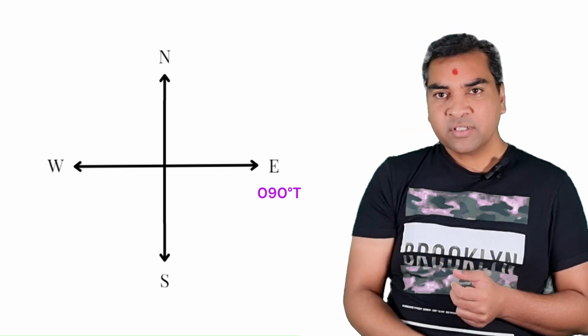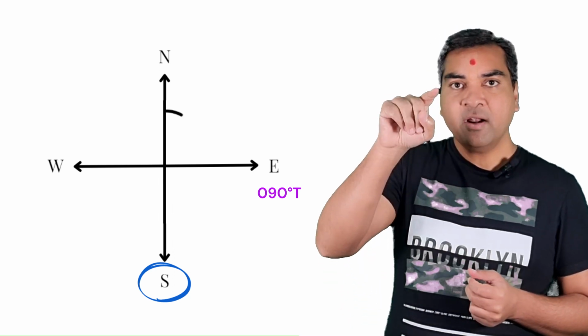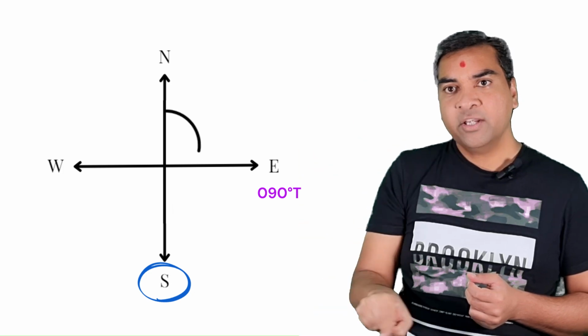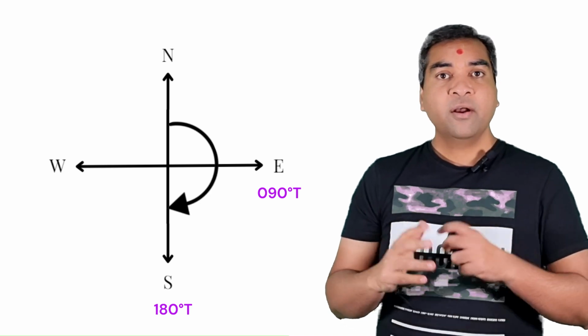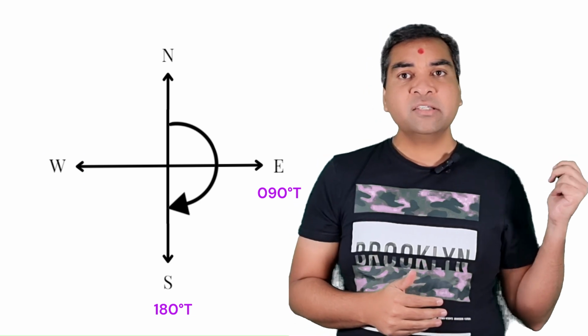Now let us think about the south, which is directly opposite the north. If I make an angle from the north axis in a clockwise direction, my angle is going to be 180 degrees. So it's very important to be clear about these reference angles. Now let's think about the west side.